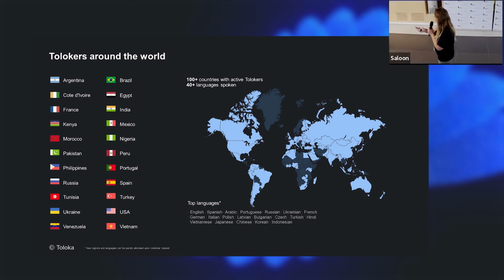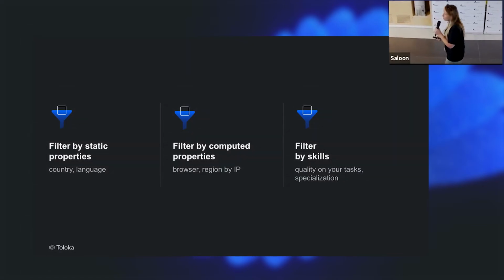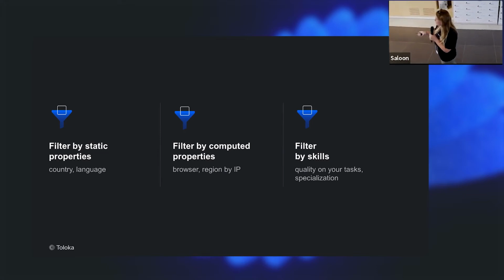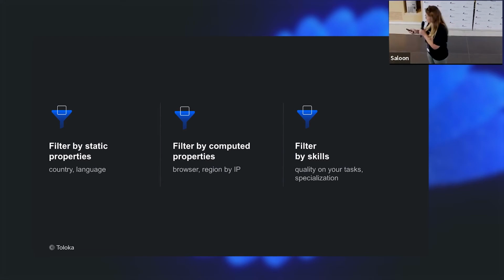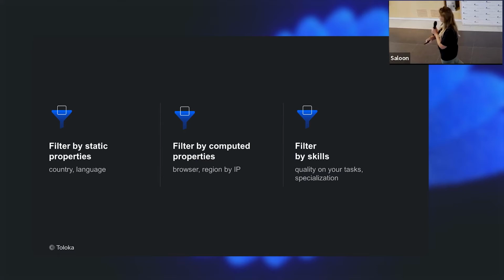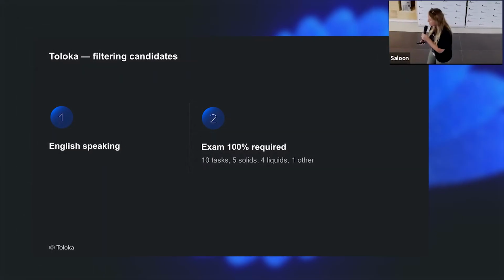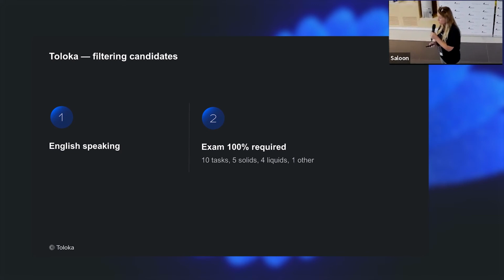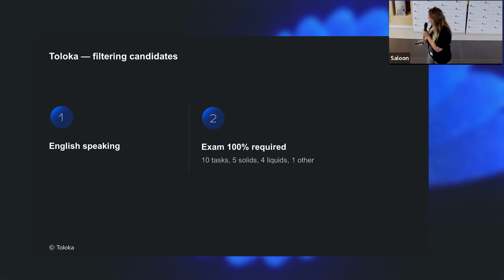Using Toloka, you can set up different filtering, for example, by some static properties, such as country, language, or by some computed properties, such as IP address, or by some specific task people actually have. My task was super simple, so I did not require too many skills. The only requirement to take part in my project was that they should be English speaking. That's because I wrote my instructions in English. I did not translate them to any other languages.